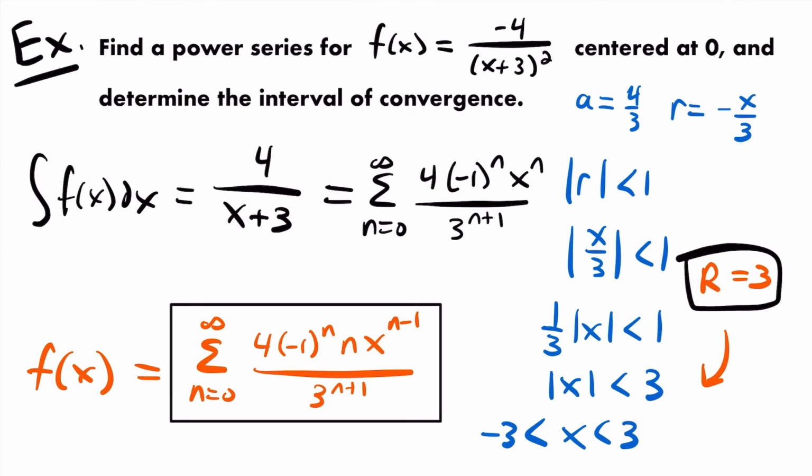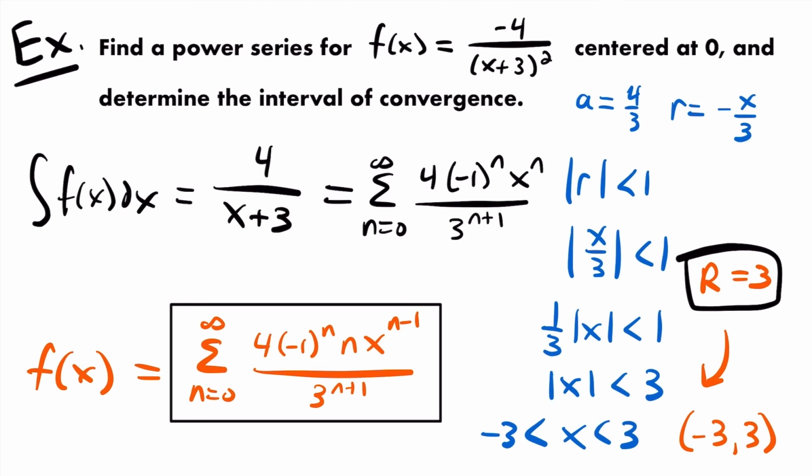So we need to check those two endpoints to see if they should be included in the interval of convergence. We're starting out with negative 3 to 3, not including either of those endpoints, but now we need to check each of them individually. This is the final interval of convergence for this power series, not its derivative, which is the one that actually represents our function.